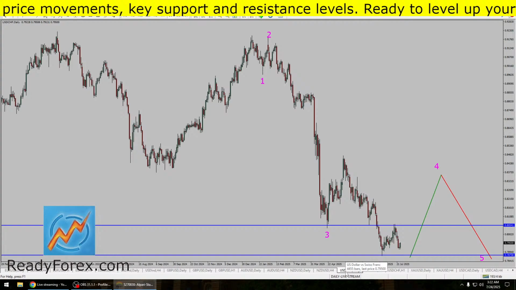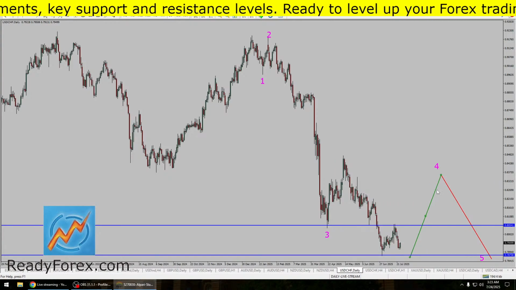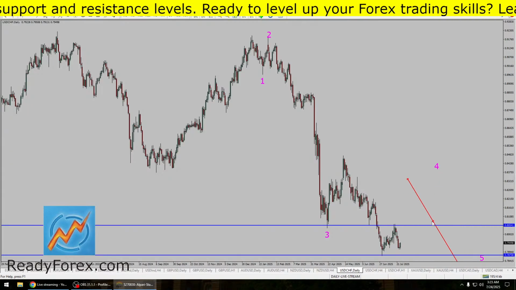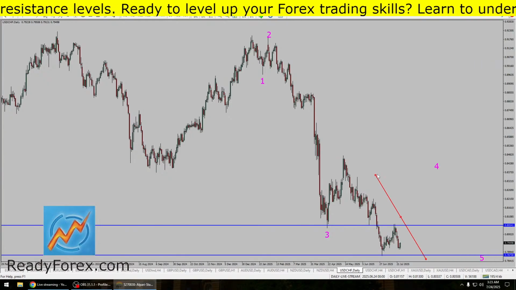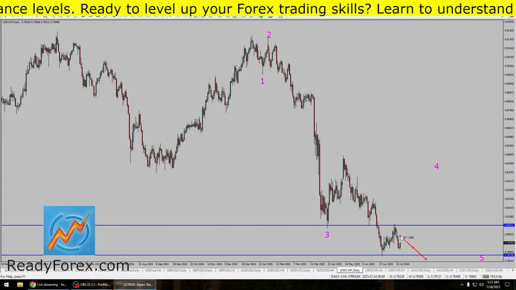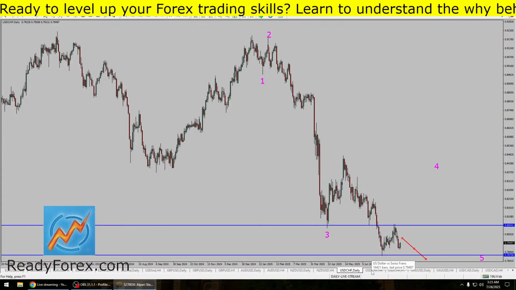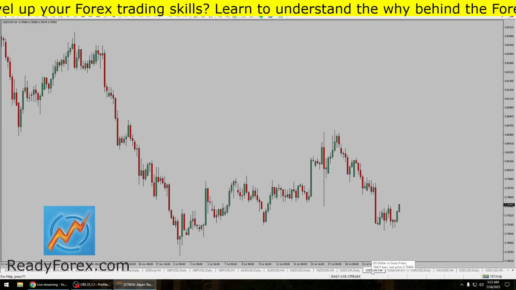Next one is the US dollar Swiss franc. Swiss franc, the way I see, is most likely going to provide us a short-term pullback, and then it's going to drop more. So my forecast is bearish for the US dollar Swiss franc.